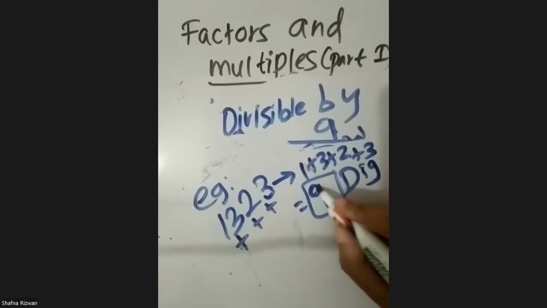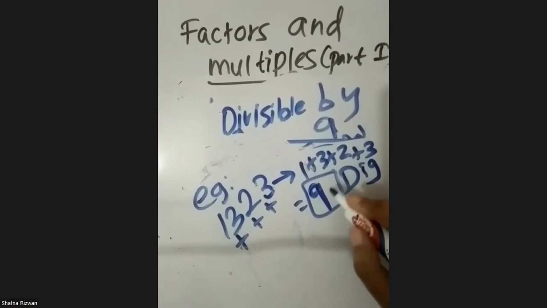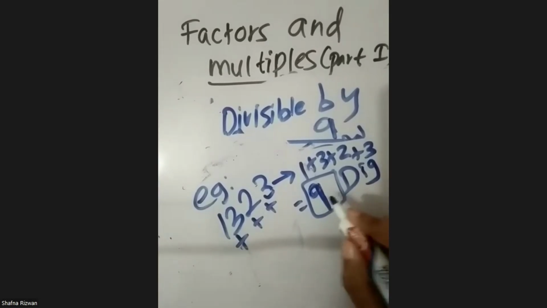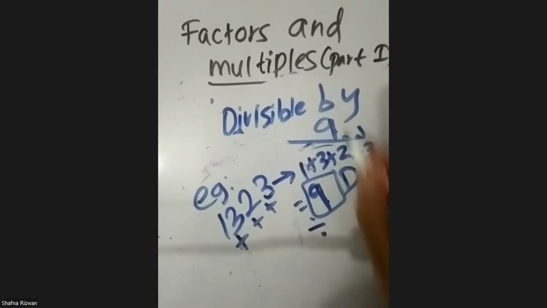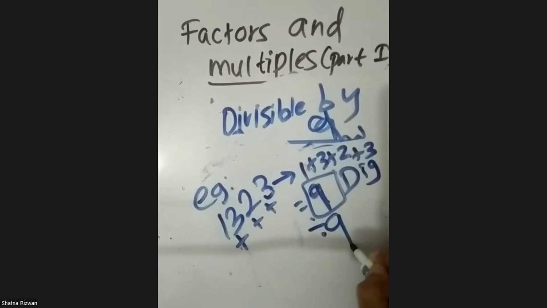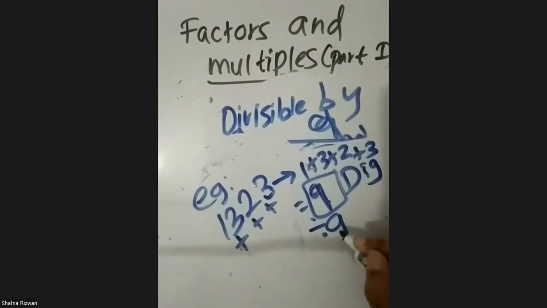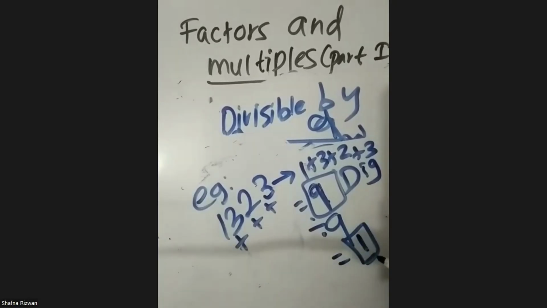Now we have got a digital root. So what you have to do? You have to see whether this digital root is divisible by our number 9. So 9 divided by 9 is how much? 1. So we are getting a whole number as our answer. Then what can you understand? This digital root is divisible by our number 9. That means the remainder is 0.